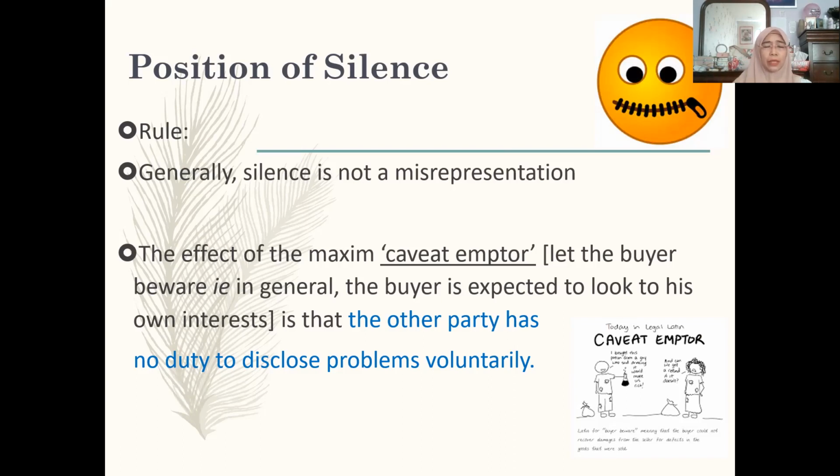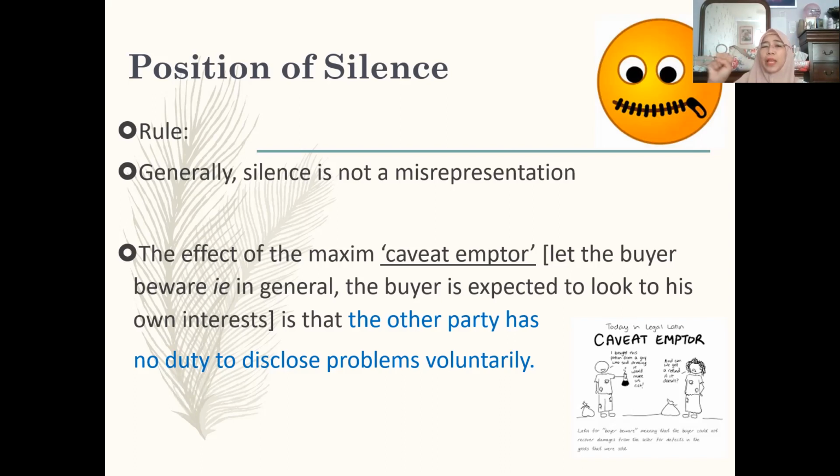The seller has the right to just keep silent, provided the buyer doesn't ask anything. The buyer just goes and checks and then he's happy with it, and the seller doesn't have to tell, oh, this thing is not good or has certain weaknesses, for example. No need to tell. So the seller has no legal duty to disclose problems voluntarily.